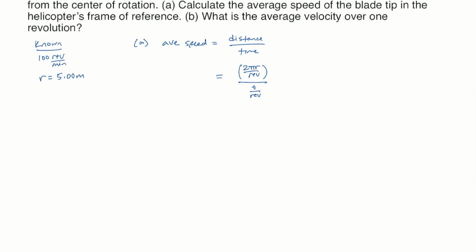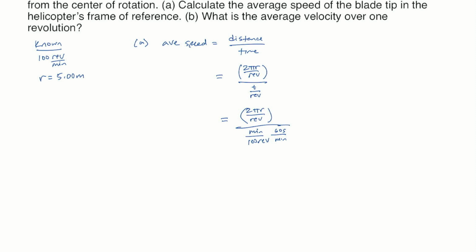So we can treat this as 2 pi r per rev divided by, and then for the time, what we can use is the minute divided by 100 revs. And then we can convert the minutes over to seconds, and there are 60 seconds in a minute.